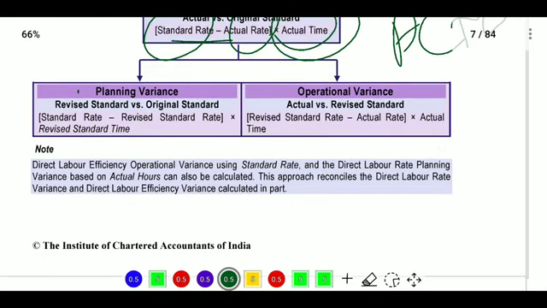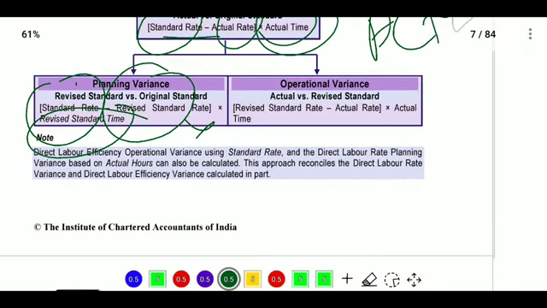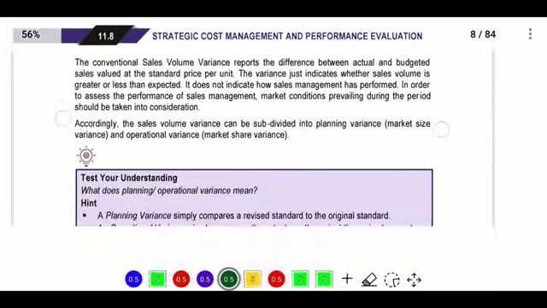Next planning variance: firstly standard rate minus revised standard rate into revised standard time. Next revised standard rate minus actual rate. Firstly we take revised standard rate and after that actual rate. And for quantity we always take actual time.